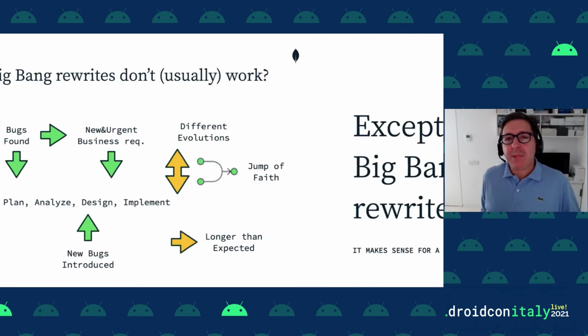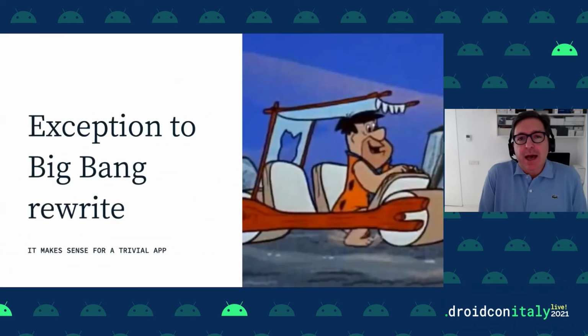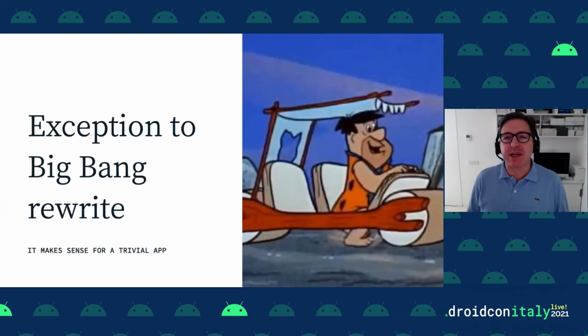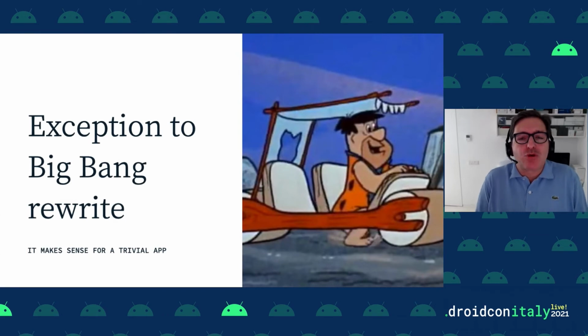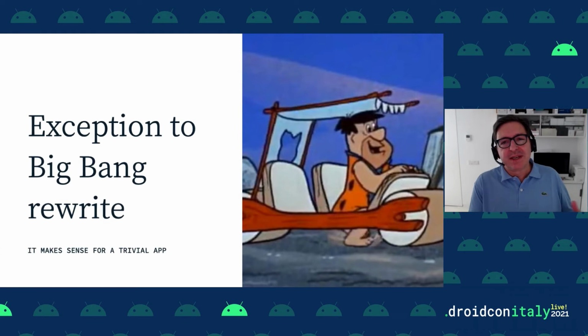So there are exceptions, though. You may have an application that is so simple, so trivial, that writing the full application from scratch may make sense, because it was a prototype, something that was not going to be used, still tiny. So you schedule a couple of weeks and 2 months later, you have the application fully rewritten.